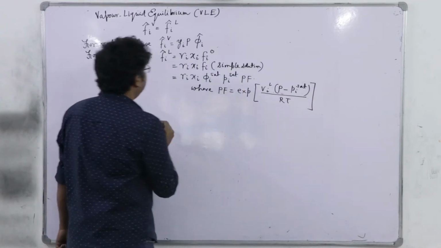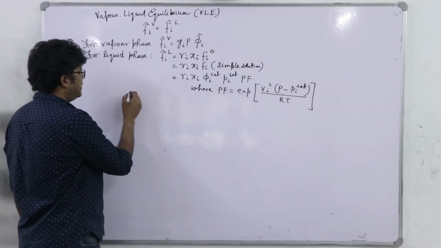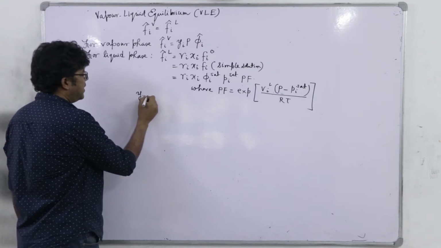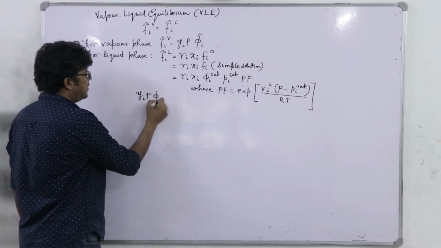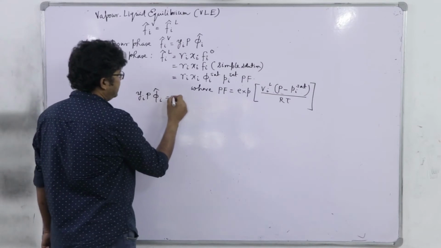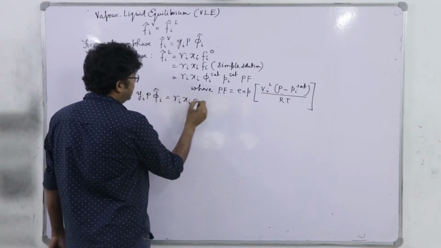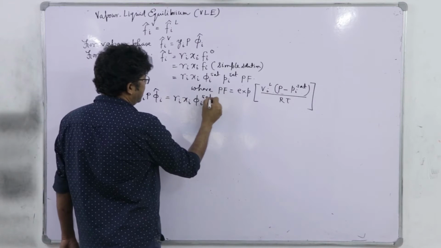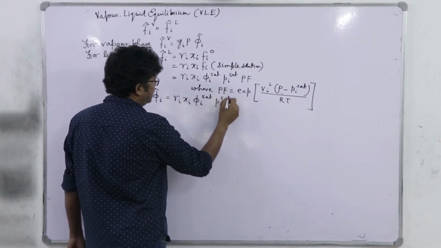So necessarily, if I write the expressions, we will get Yi into P into phi i cap is equal to gamma i xi phi i sat into Pi sat into Pf.